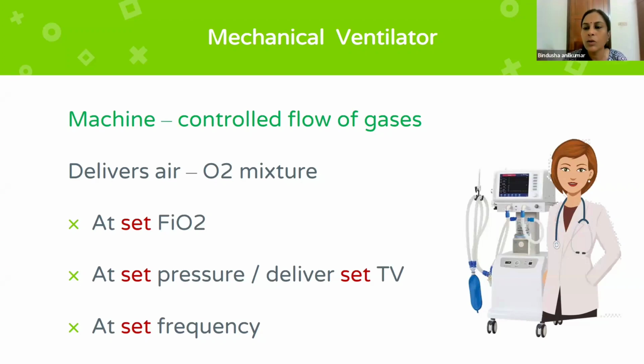The person who is sitting near the ventilator is the one who determines how frequently the patient is going to breathe, how much air or oxygen is delivered to the patient, and how long, when you will start expiration. All those things will be determined by the person who is sitting near the ventilator. So we need to know how to initiate the ventilator settings.